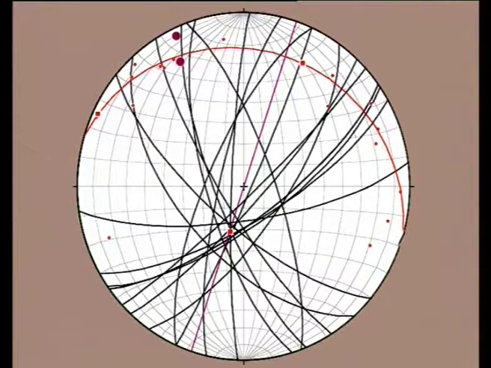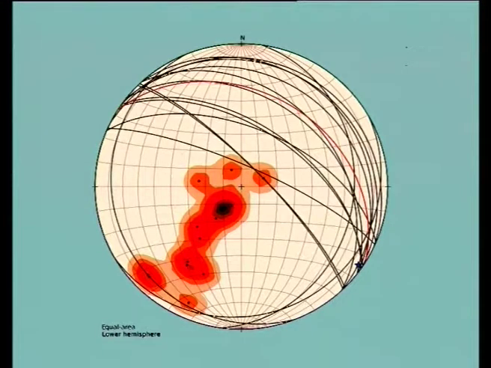Structural analysis by plotting the minor planar and linear structures on stereographic or equal area projections also helps us in understanding the type of deformation the rock has undergone.